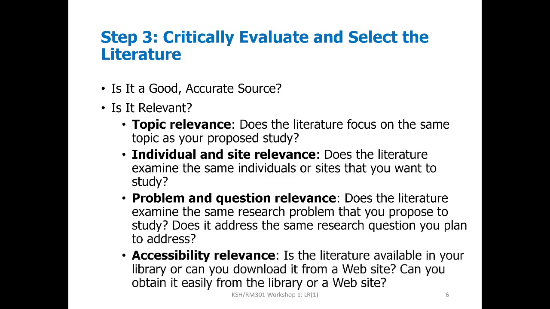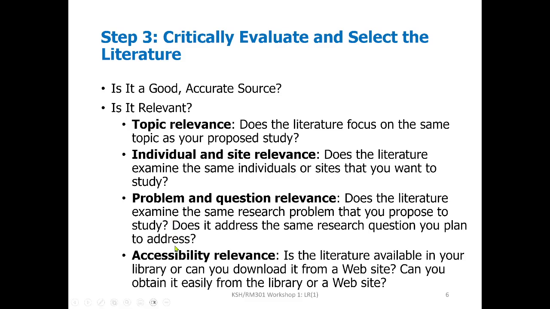Last but not least, sometimes we cannot review a research article. For example, that research article meets the first three criteria: topic relevance, individual and site relevance, problem and question relevance.